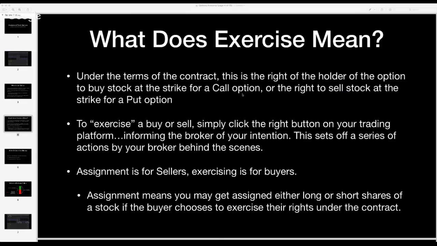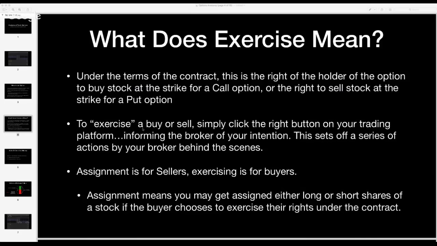So calls are basically for going long a stock, and puts are for basically going short a stock. And to exercise means that you can either buy the stock at that price or sell the stock at that price, depending on whether it's a call or a put, before the option has expired. So during the term of the contract, you get that right as a buyer.